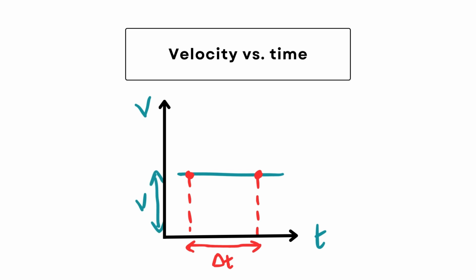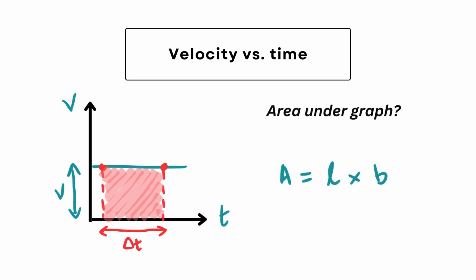We take a shaded region like the one shown here, and we wish to evaluate the area underneath the graph. For that, we would use a typical formula for a rectangle, length times breadth. If we analogize it with the graph that we have on the left-hand side, we would conclude that the length is equal to the velocity v and breadth is equal to delta t.